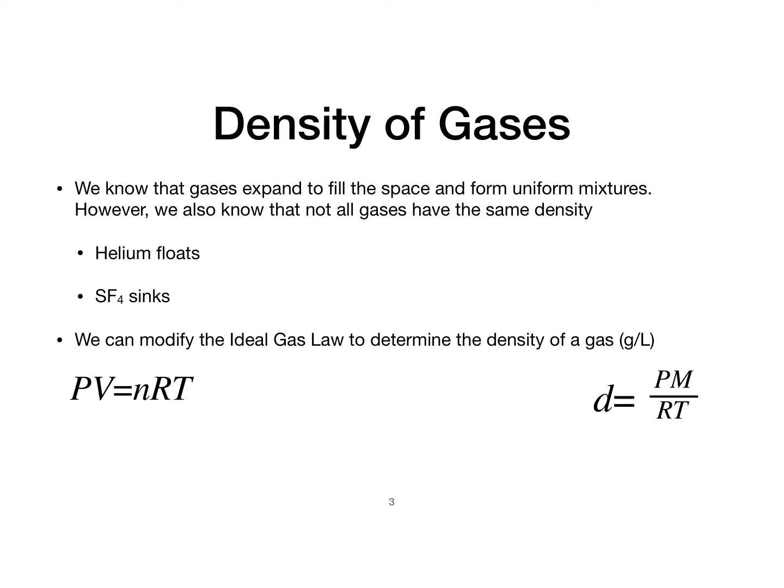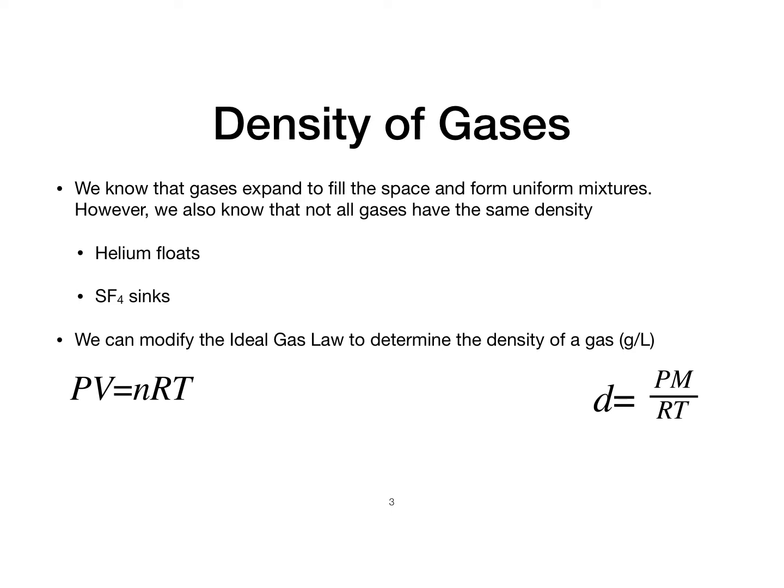So we can think about the density of helium. We know, or we've observed, that a helium balloon floats. There are often instances where people use a container of SF4, and we know that that gas is quite heavy, so things can float on top of that gas. It makes it look like they're suspended in air. But we're going to think about the density of gases, and we're going to be able to calculate that using the ideal gas law of PV equals nRT.